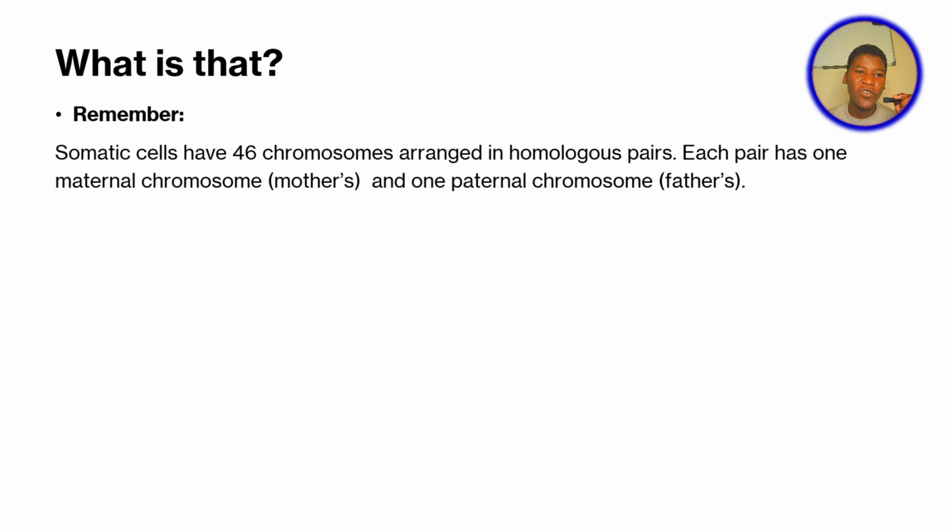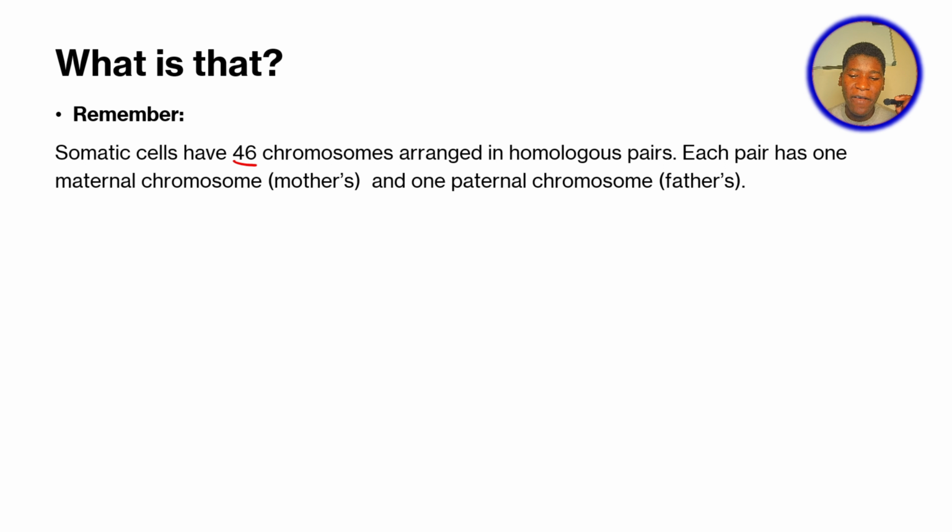So remember that somatic cells, the cells of the body, the ones that tell us how we look, have 46 chromosomes arranged in homologous pairs. Each pair has one maternal chromosome, the one from the mother, and one paternal chromosome, the one from the father.